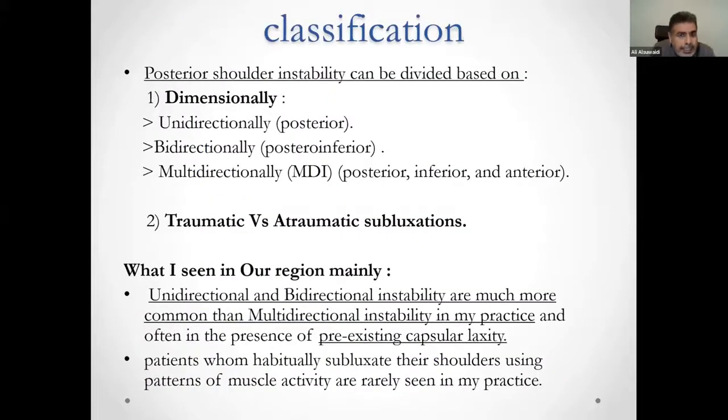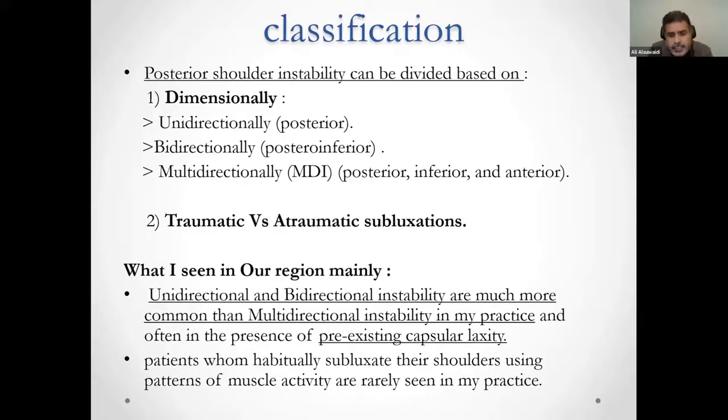So when we talk about classification, as mentioned in the textbooks, you can go by direction, whether unidirectional or bidirectional, and I'm not going to discuss MDI or multidirectional instability in this talk. Another classification is traumatic versus atraumatic subluxation. What I've seen in our region is mainly unidirectional and sometimes bidirectional.